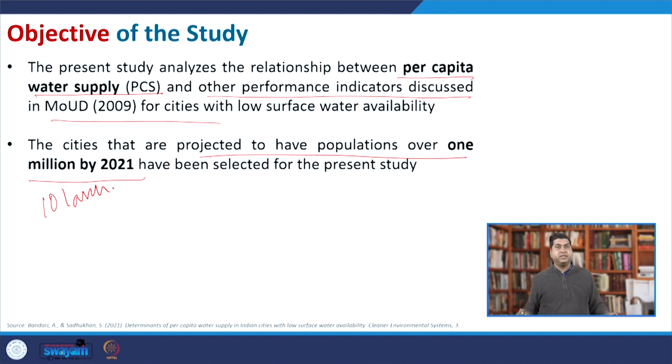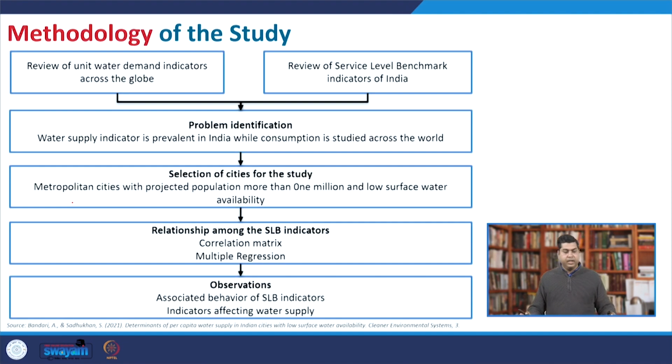For some cities we have data for the last 3 decades, while in some cases we have population data for only 2 decades, 2001 and 2011. We projected that data, and wherever the cities or urban local bodies had a population of more than or equal to 10 lakhs or 1 million, we considered them in the present study. So this is the methodology of the study.